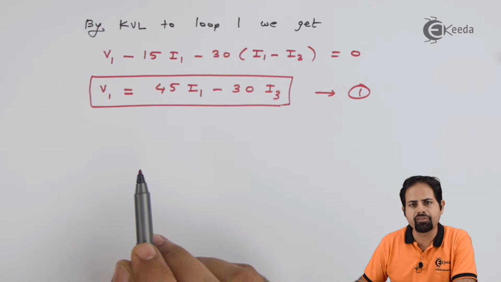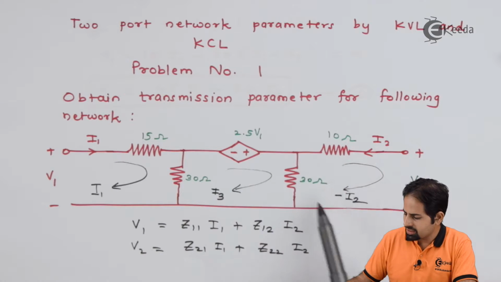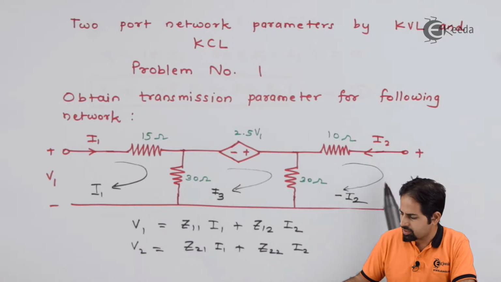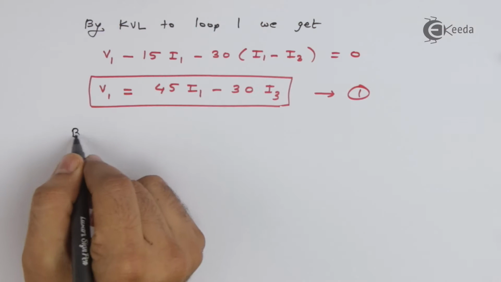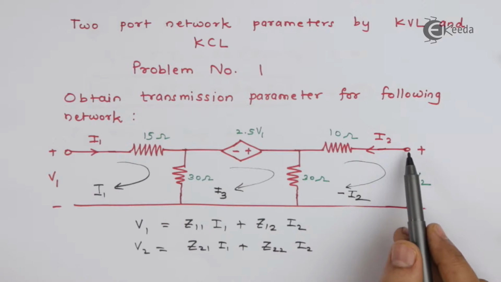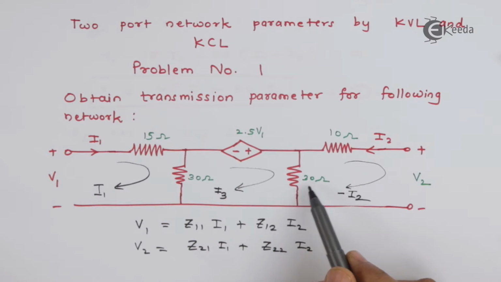Now we will apply KVL to the next loop, which we'll call loop number 2 because this current is I3. If I'm going from plus to minus, it is minus of V2, then minus of 30 into minus I2 minus I3.